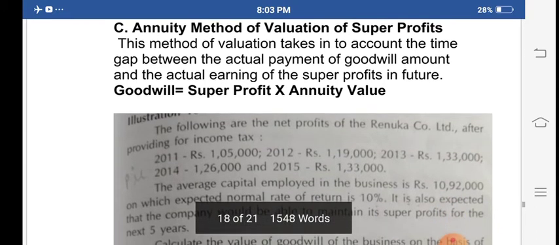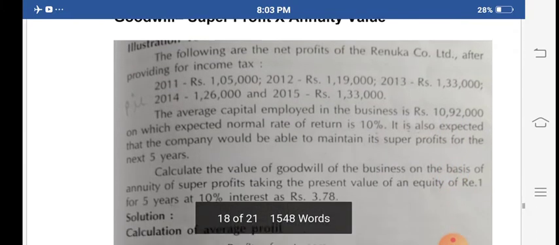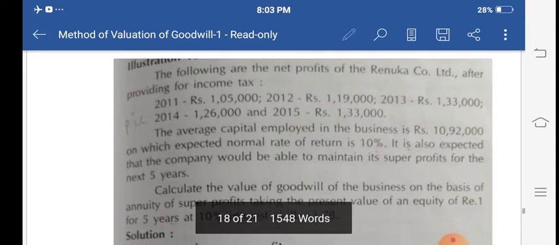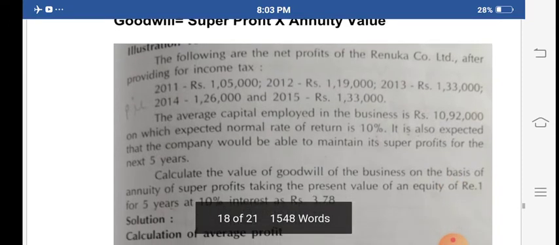Goodwill is equal to super profit into annuity value, and the annuity value will be given. With the help of this formula we will ascertain the value of goodwill under the annuity method. See this problem.